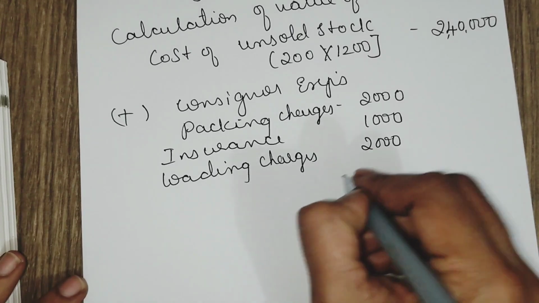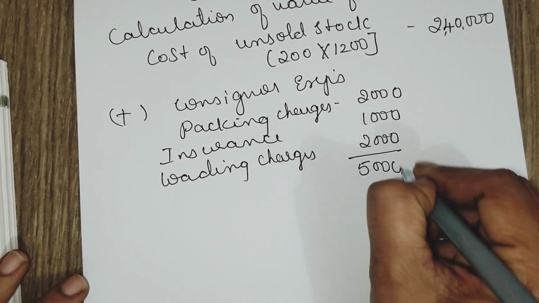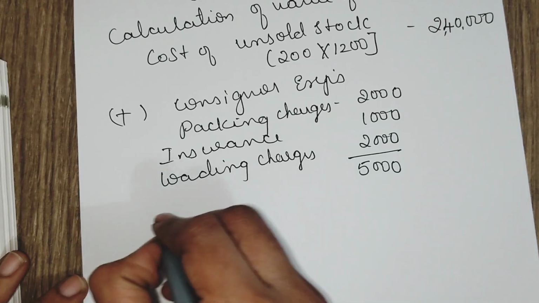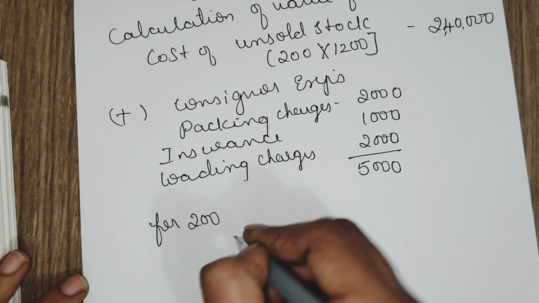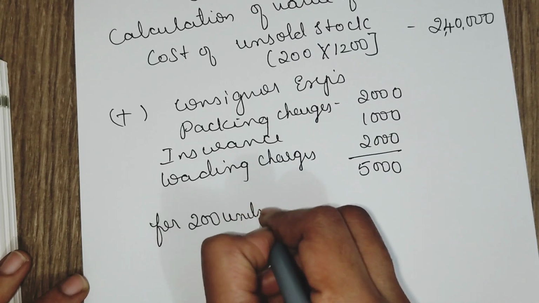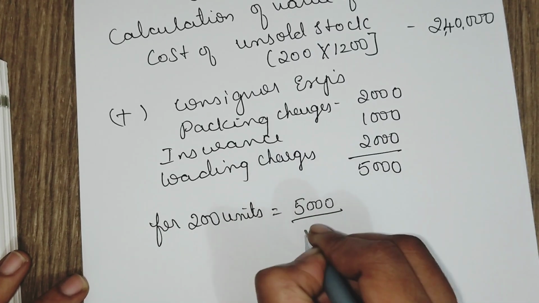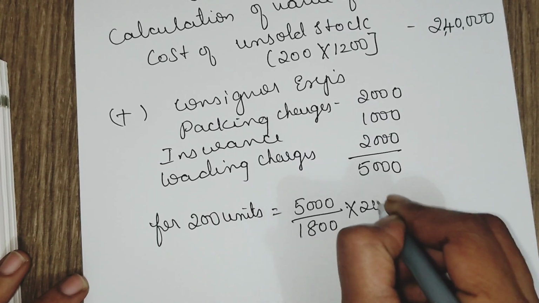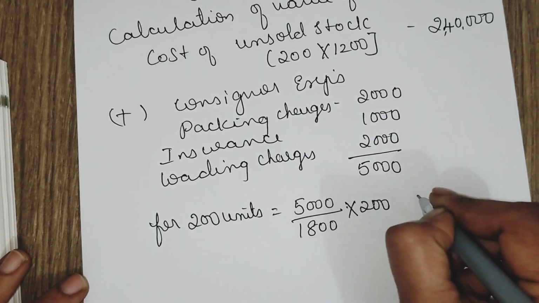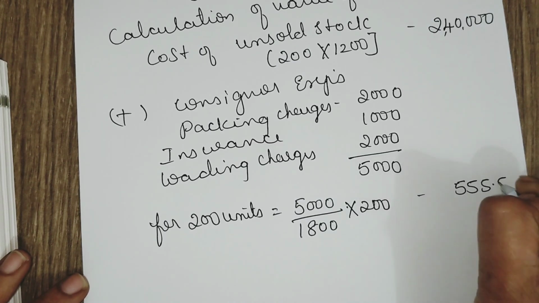Total for 1800 units is 5000. We don't want it for 1800 units, we need only for 200 units. So 200 units, that is 5000 divided by 1800 into 200 you have to do. Then we will get 555.55.